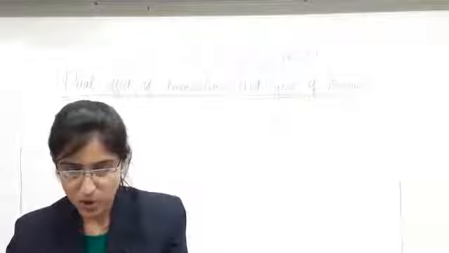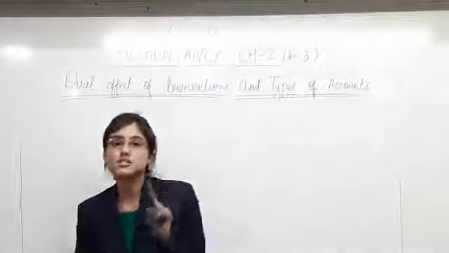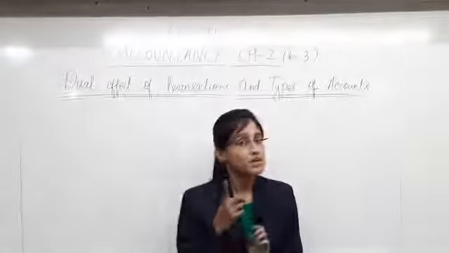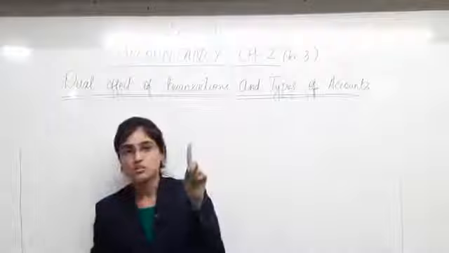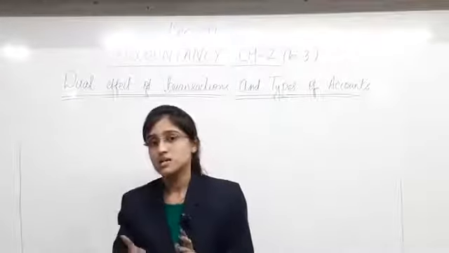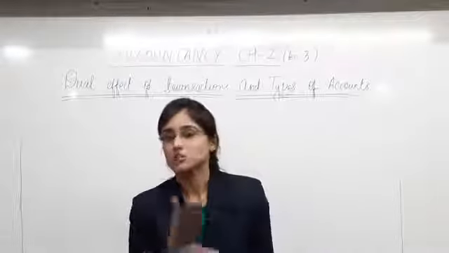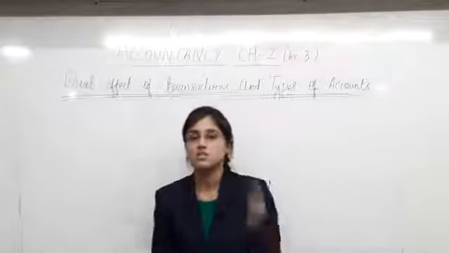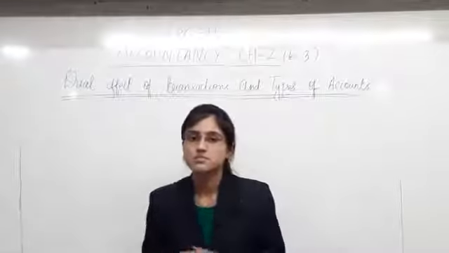Talking about the second transaction. Goods purchased for rupees 800. You have purchased goods for rupees 800. There is no mention of cash, paid, received, bank, and there is no mention of the party even. So when nothing is mentioned, the transaction is a cash transaction.